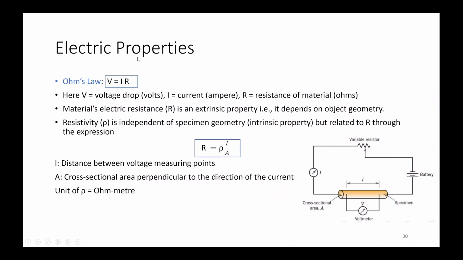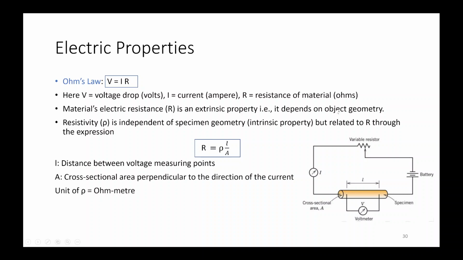Now other properties are electrical properties, and a very important equation is your Ohm's law, which is voltage is proportional to your current, and the proportionality constant is resistance. So V is voltage drop in volts, I is current in ampere, R is resistance of material in ohms. Now a material's electric resistance is an extrinsic property and it depends on object geometry.